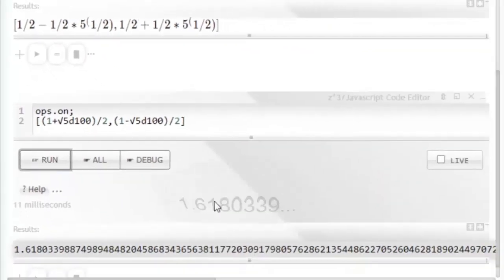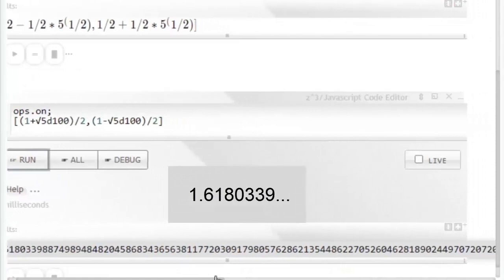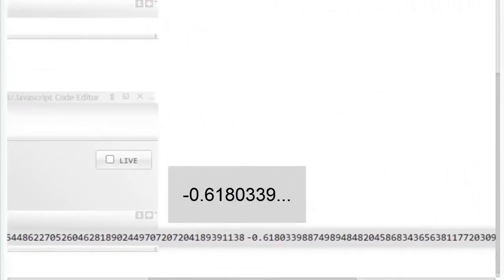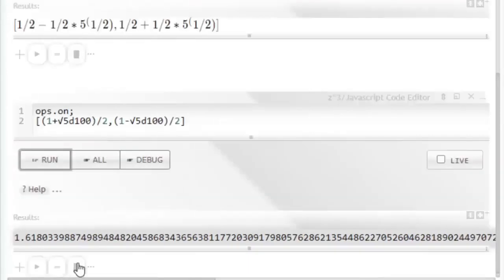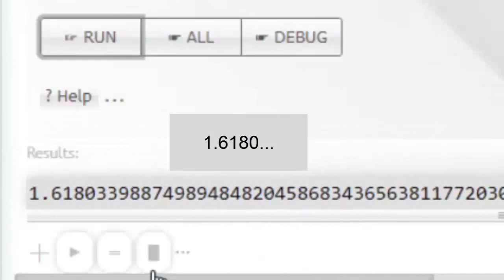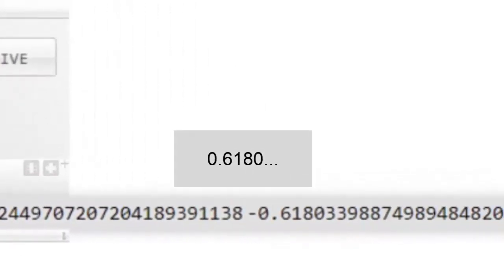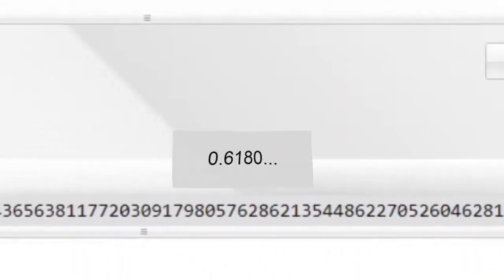So one is going to be 1.61803339, and the other one is going to be minus 0.61803339. Now remember that if you take the absolute magnitude of both, the difference is 1. So this is 1.6180, the other one is 0.6180. If you remove the 1 from the left, they're equal.